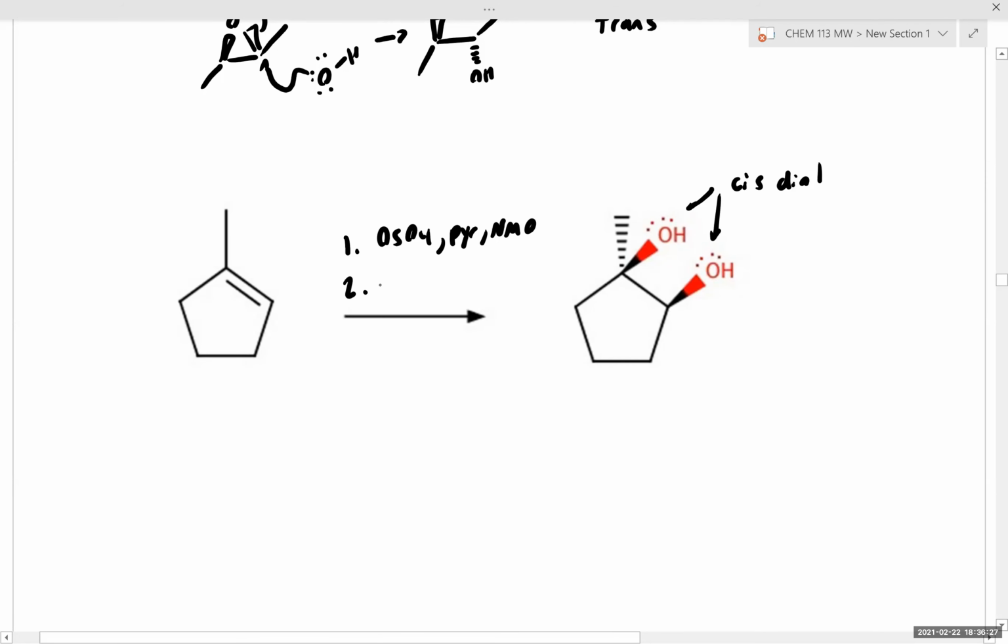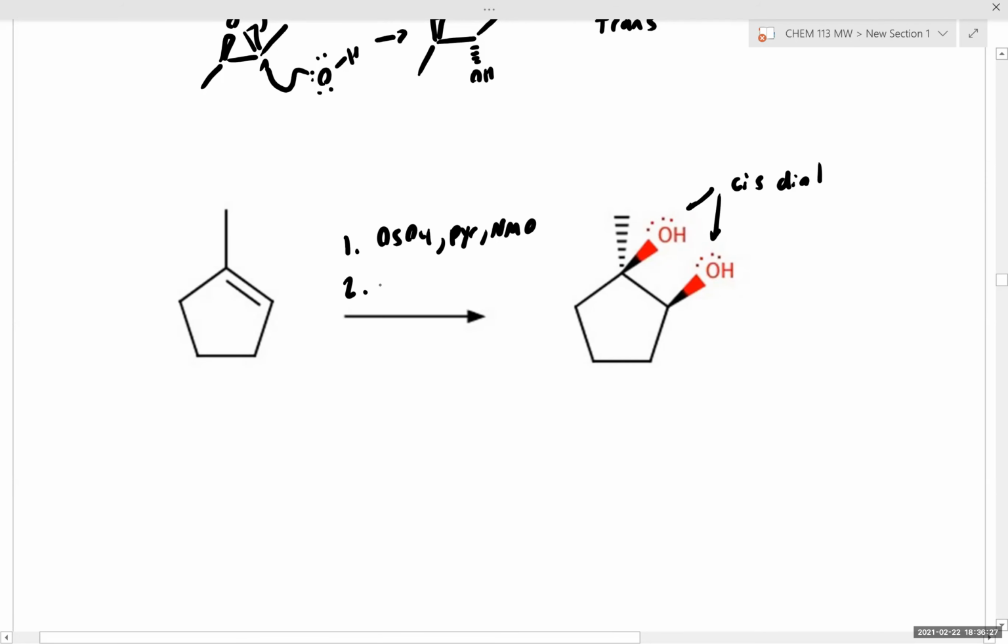Just to walk us through the mechanism for that. It's always important that you're able to draw mechanisms to rationalize why you observe the products that you observe.